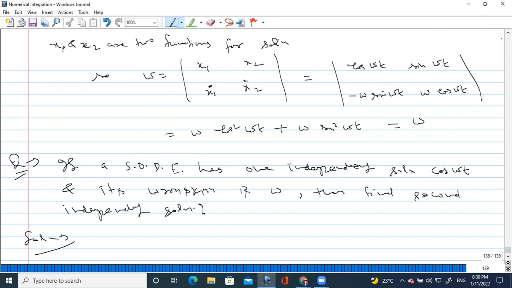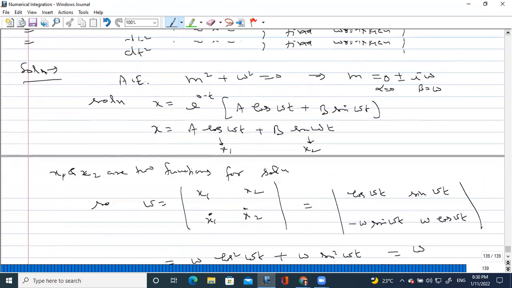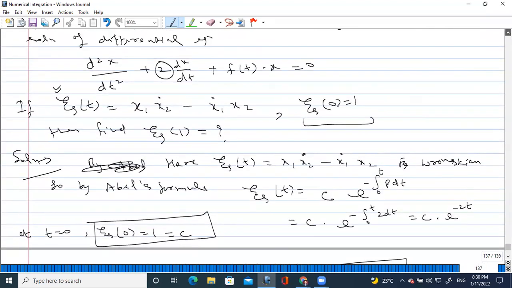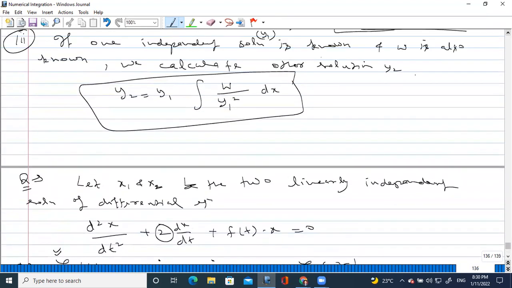So you can use this third formula here. This one. One independent solution is given and the Wronskian is given, so then you can use this.